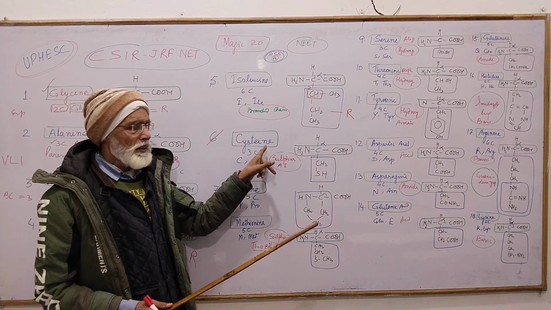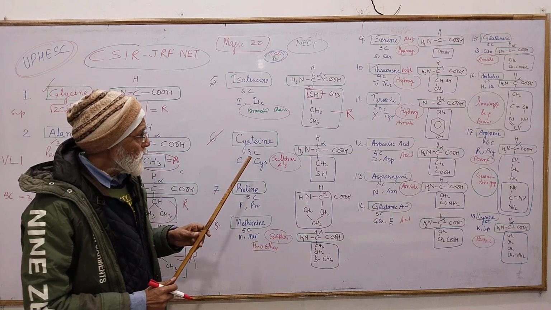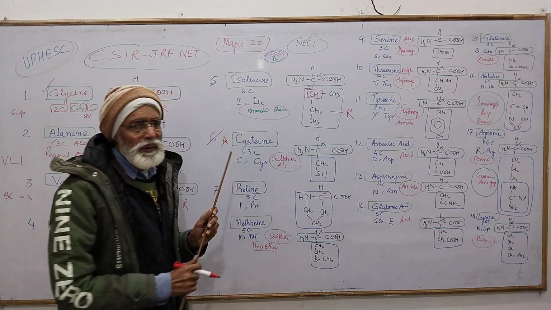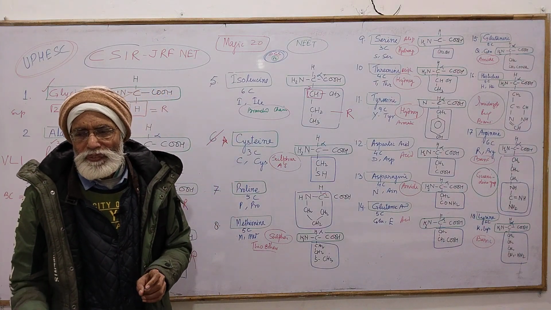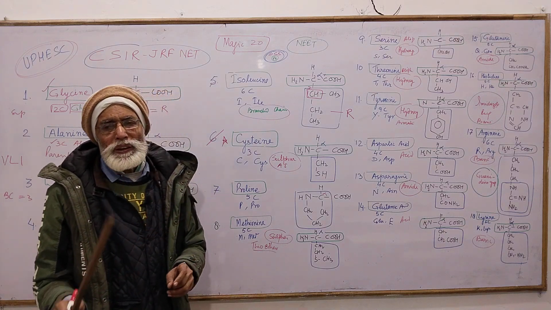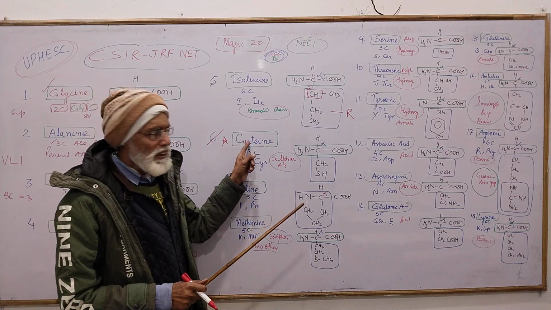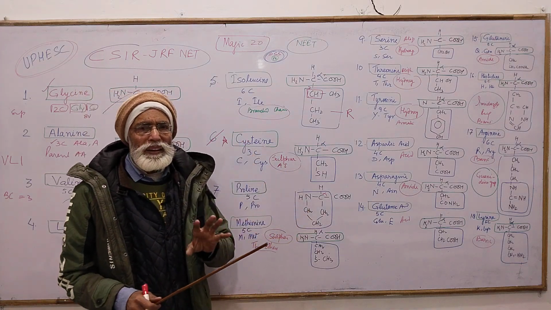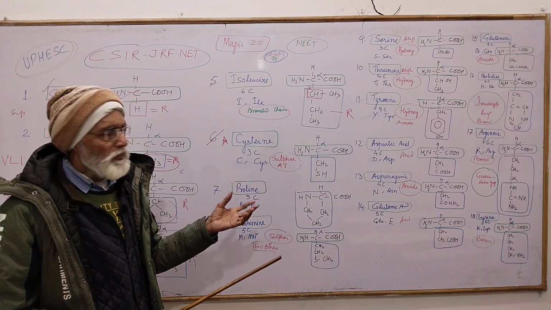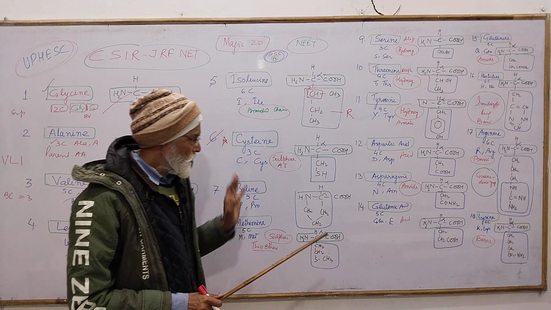Your answer is cysteine. Always remember, this is the only amino acid that is very important in the formation of disulfide bonds. So a question may be raised: which of the following amino acids helps in the formation of a disulfide bond? Your answer is cysteine. A very detailed comprehensive study of the amino acids is provided to you today for your CSIR examination. Check sulfur containing, right?